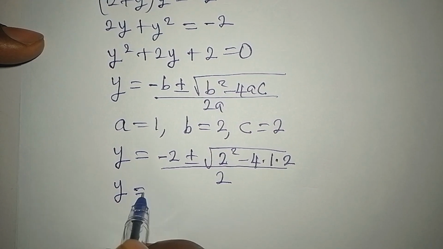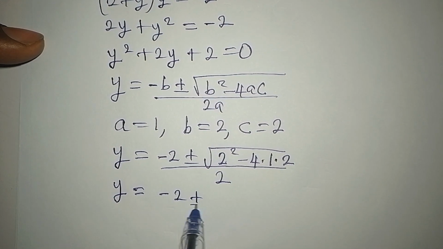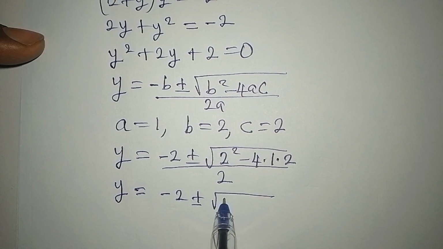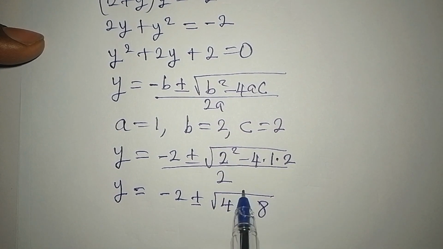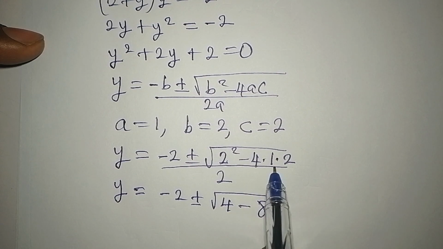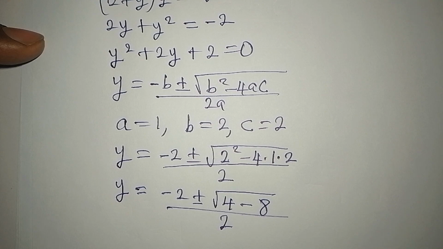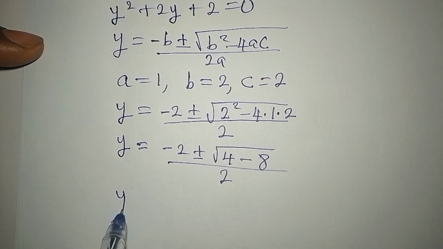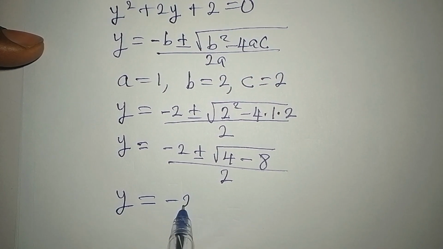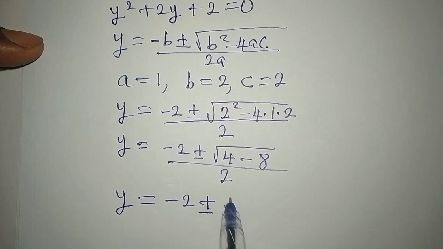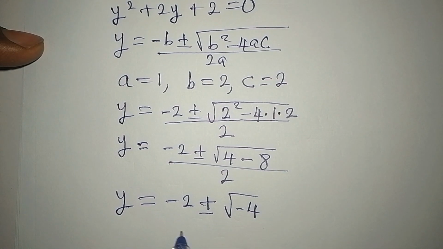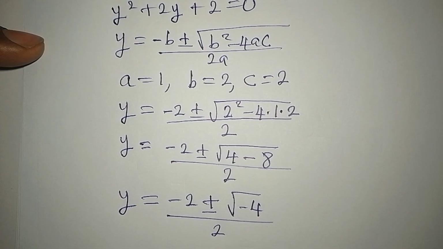Now y is going to be equal to −2 ± √(4 − 8), because 2 times 2 is 4, 4 times 1 times 2 is 8. Then we divide this by 2 again, so that y is equal to (−2 ± √−4) / 2.